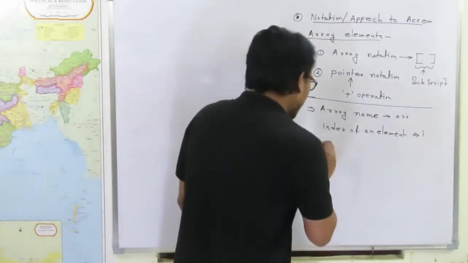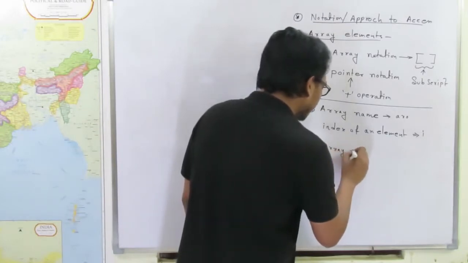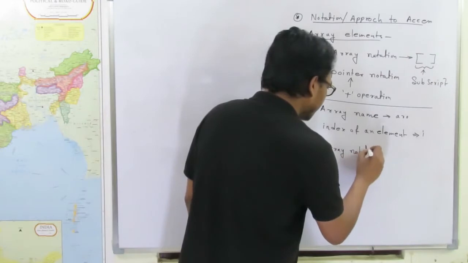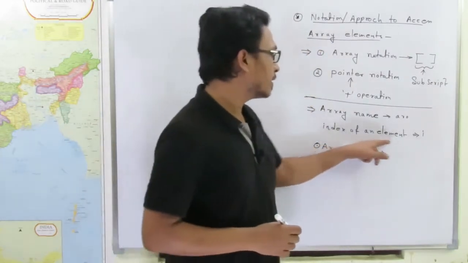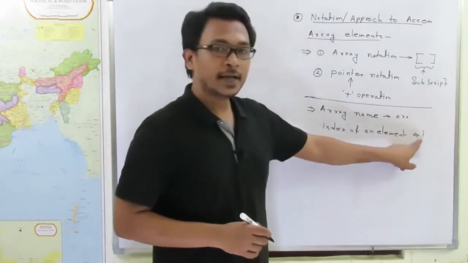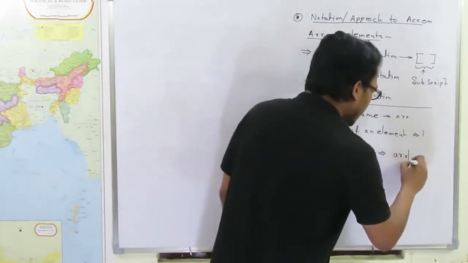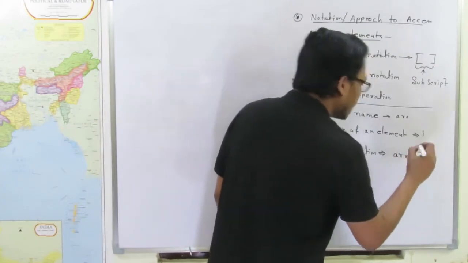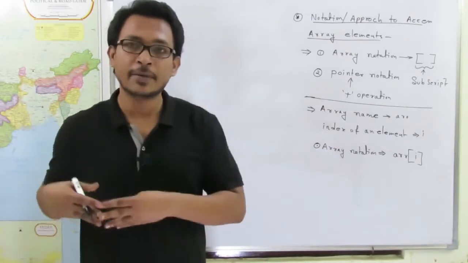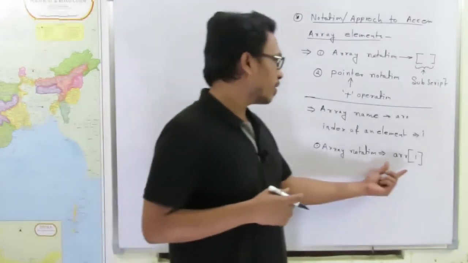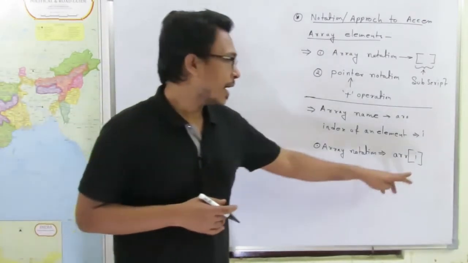Look, in case of array notation, how can we access the element from the ith index? We can use the notation ARR, then within the subscript operator the index from which we want to access the element. By using this particular notation we can access the element from the ith index.